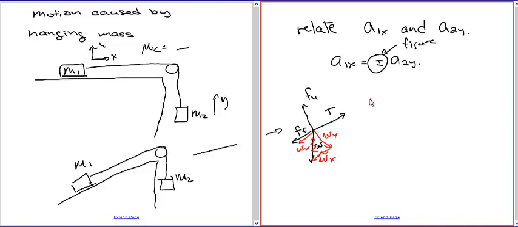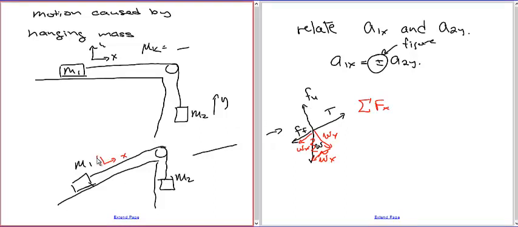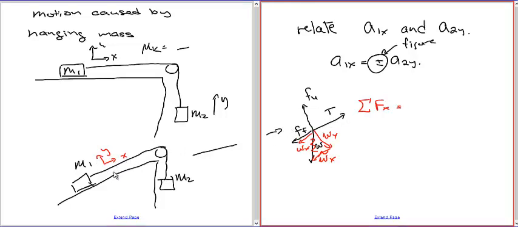So if you apply the sum of the forces in the x direction, remember x we would define either going up or going down the inclined plane. So the sum of the forces in the x direction, and it's moving in that direction, so you'd have m1 times a1x.